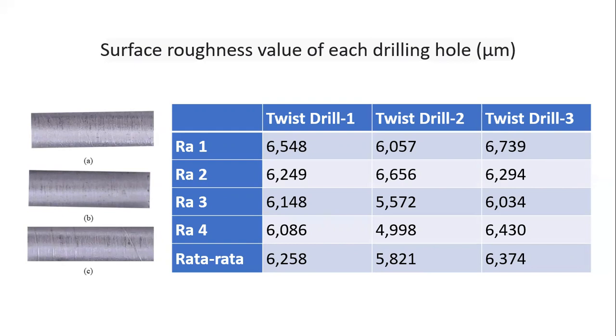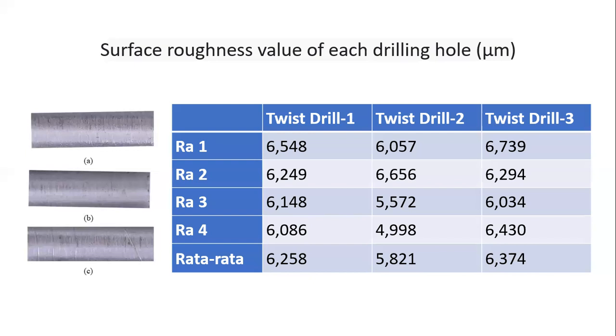The measurement results show that the splitting nick is very influential on the surface roughness in the drilling process. The level of surface roughness in the second drilling is smaller than in the first and third drilling.